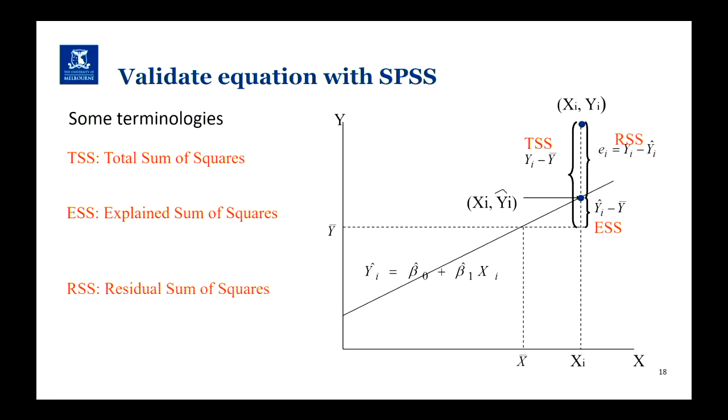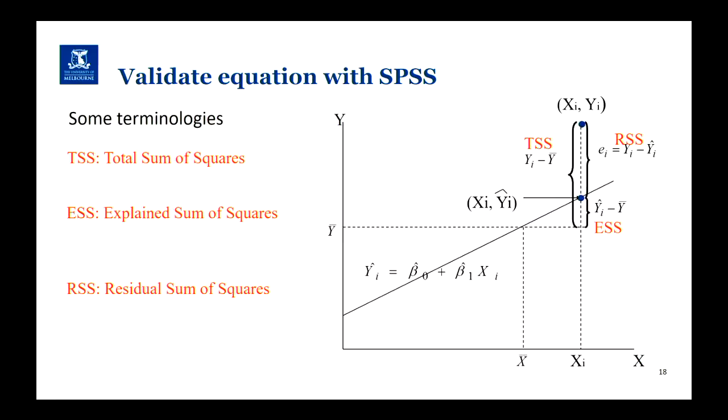The third one is the residual sum of squares. We can tell from the name that it is the distance, or the error, or the component that cannot be explained. That we call the residual. That is the error, meaning the difference between the real value and the estimated value.